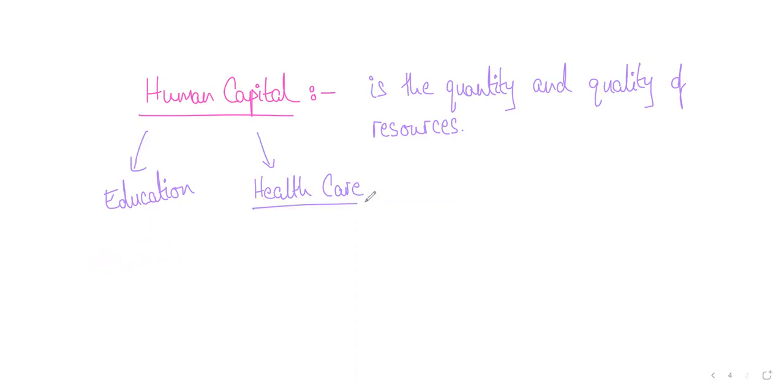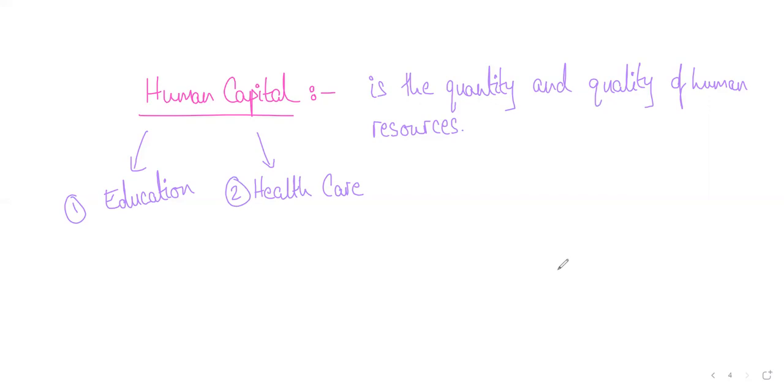So that is vocational education, and any sort of education. And healthcare. Why is healthcare important for human capital? Because the quality of human resource is directly affected by how healthy your human resource is. Do you agree with me? If the state of healthcare in Pakistan is poor, then the quality of human capital will be affected.